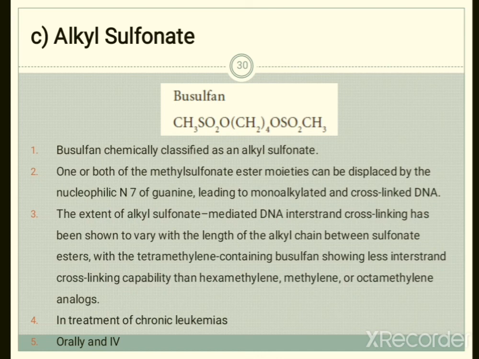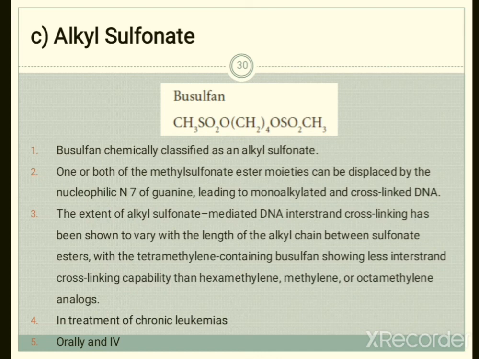So what happens basically? One or more of these sulfonate esters, here two are given, are displaced by the nucleophilic N7 of guanine. DNA has a nucleophilic region at the N7 position of guanine, leading to monoalkylation, and through this, cross-linking is formed.